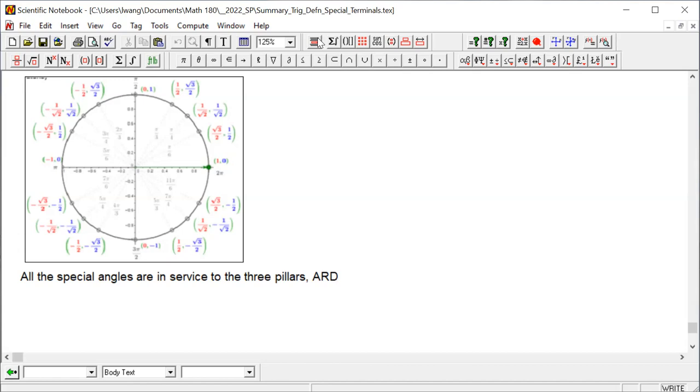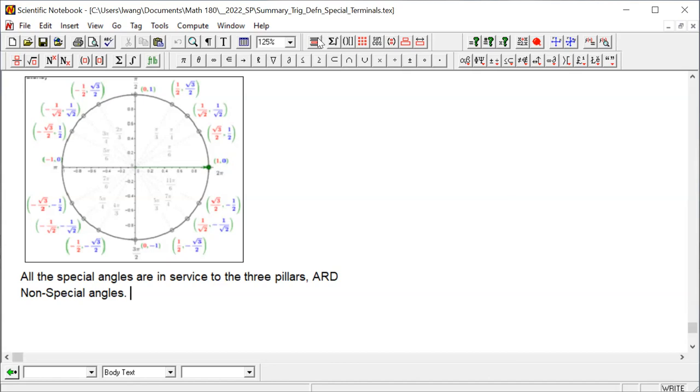How about non-special angles, right? Most of the time in real life, when we use trigonometry to solve a real question, they're not special angles. How do we handle them? We handle them by definition. We have practiced enough using special angles to work with the definition.